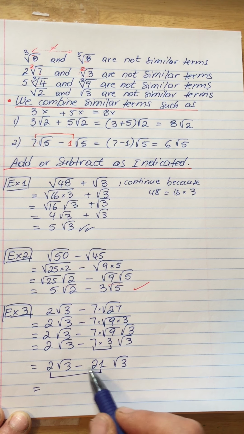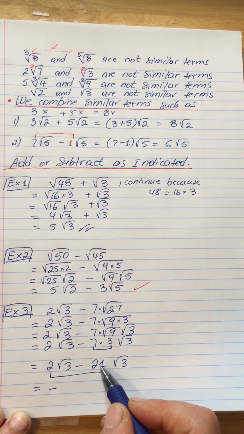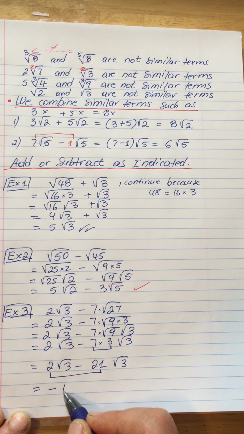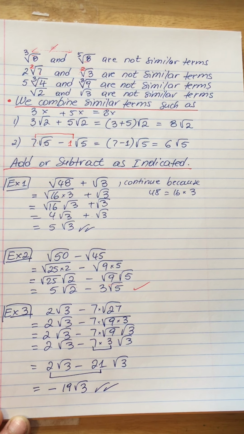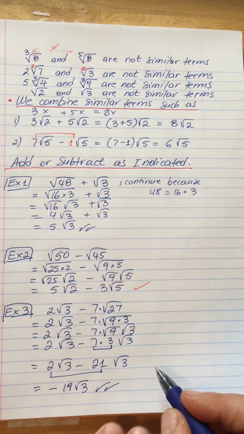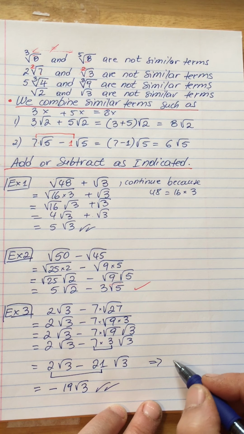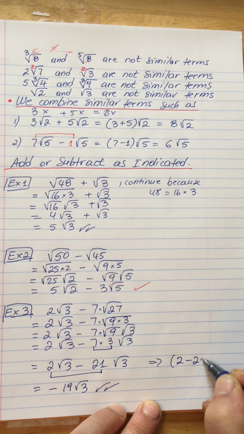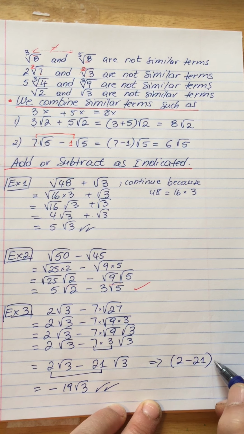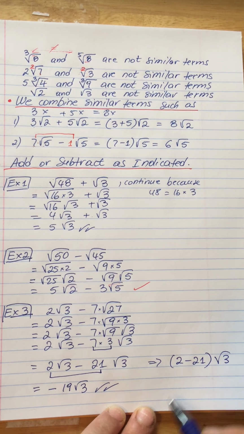So 2 positive and negative 21 is a subtraction. Keep the sign of the largest. 21 minus 2 is 19. That's it. Done. So you can write it like this, or you can write the coefficient. Let's call this the coefficient. And clearly you see this is a subtraction here.